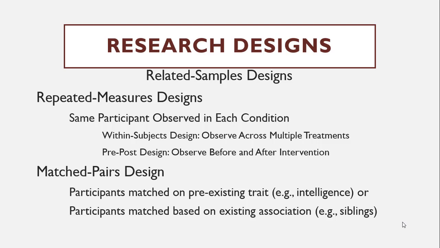The second design is where we have participants and they're matched based on some type of existing association or a natural association, a natural relationship. So an example of this would be siblings. Siblings tend to go to the same school, their parents are similarly educated, and so because of that, they share a lot of history in terms of their experience, their exposure to something such as mathematics, and because of that, they should be somewhat alike, somewhat similar.